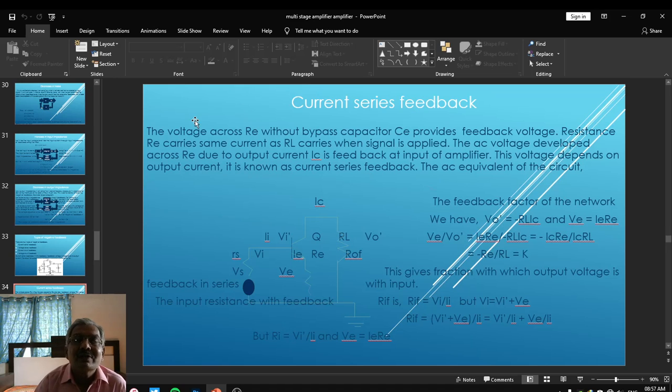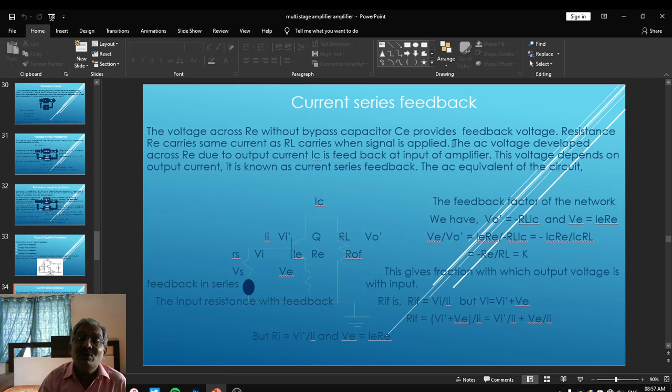Friends, to perform the analysis, as we already studied, the voltage across Re, without the bypass capacitor C, provides the feedback voltage we have just considered. The resistance Re carries the same current as RL carries when the signal is applied.